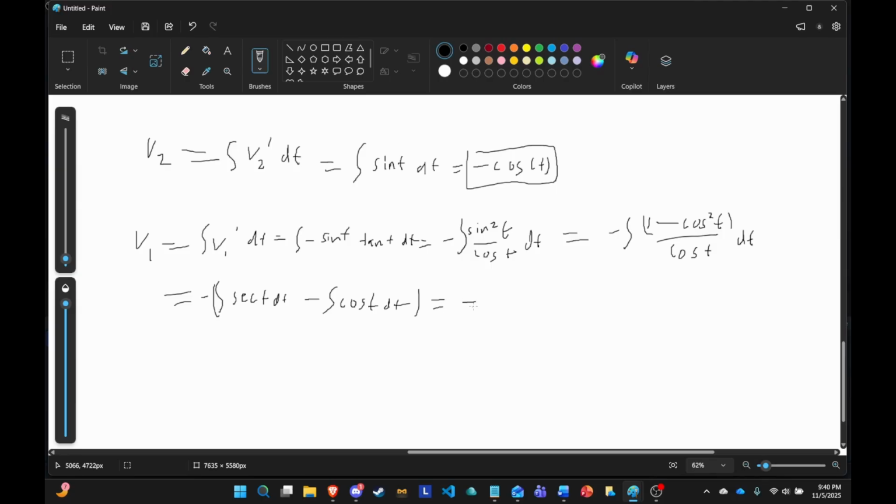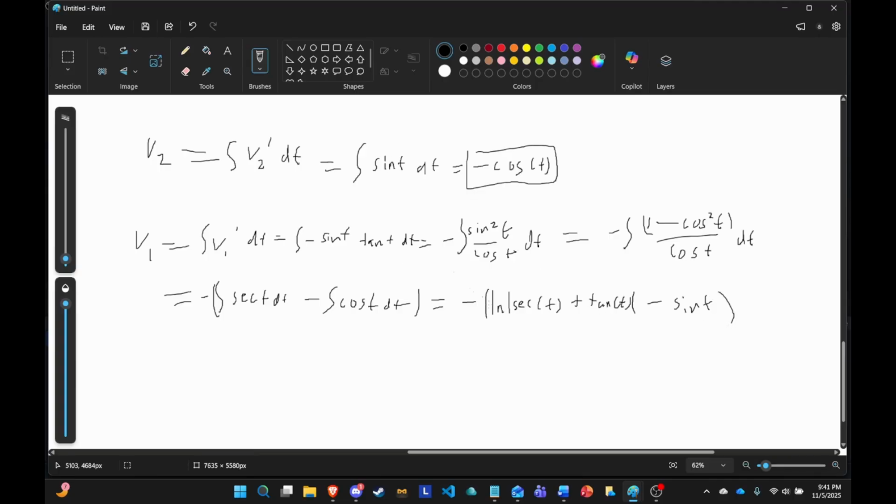That comes to negative of natural log of secant of t plus tangent of t, and then it was subtracted by the integral of cosine, which is just sine, so minus sine of t.